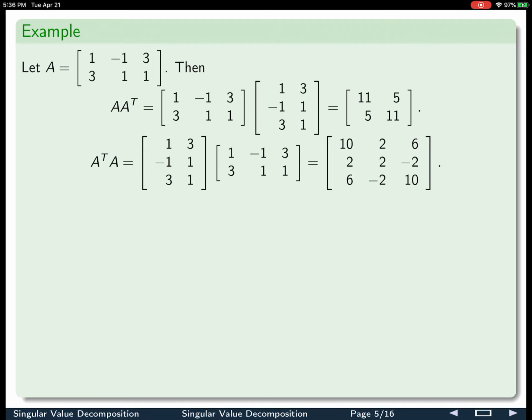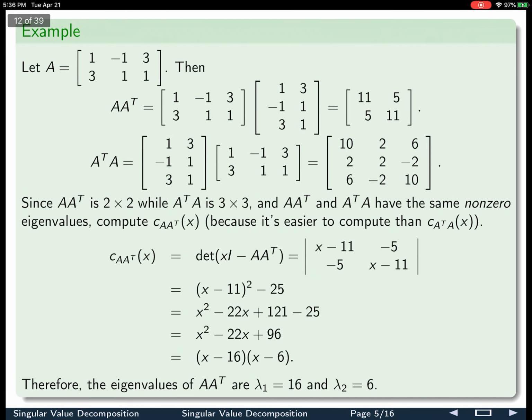And so the thing is A A transpose, the first one, is going to have two eigenvalues, 16 and 6. The larger one, the 3 by 3 matrix, is going to have three eigenvalues, 16, 6, and then 0.